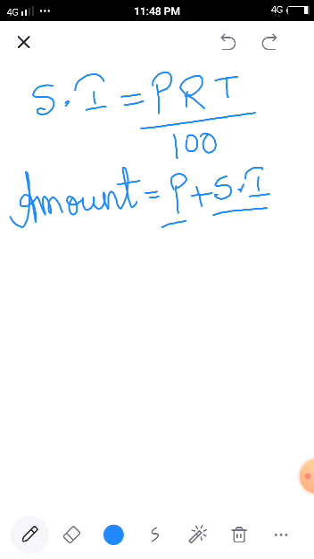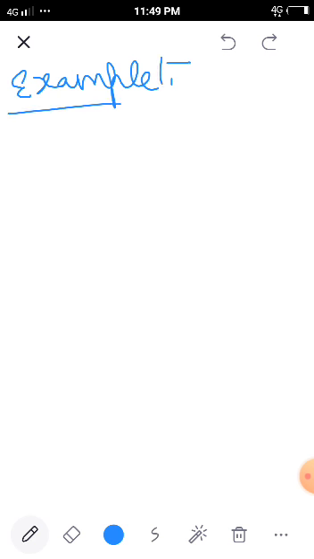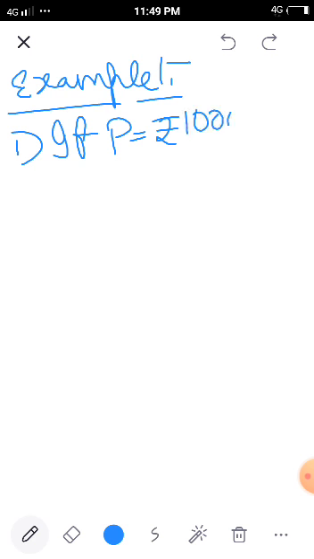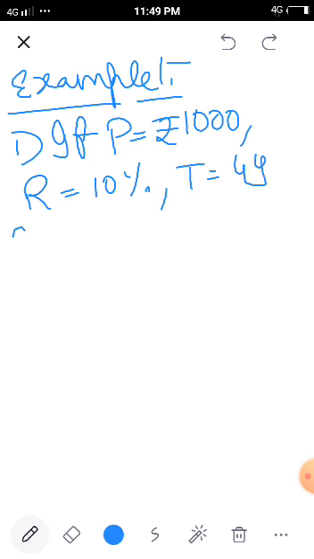Now we will solve examples. Example 1. If P, that means principal, equals 1,000 rupees, rate of interest R equals 10 percentage, time period is 4 years, find SI and amount.